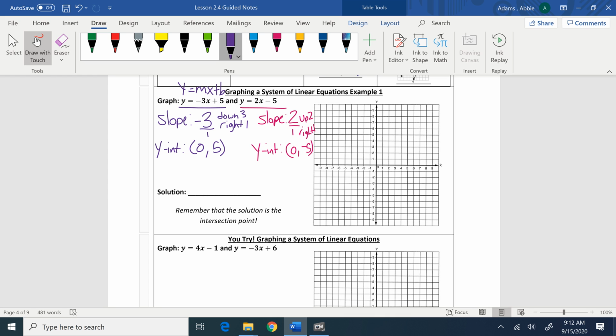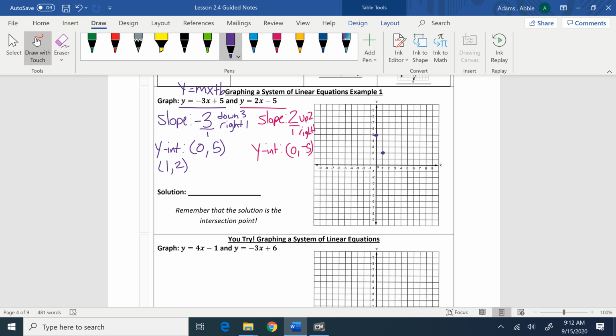So let's plot those. I'm starting off with my first graph here, y equals negative 3x plus 5. I'm going to start off at positive 5. I'm going to go down 3, so down to 4, 3, 2, that's 1, 2, 3 spots, to the right 1. So I'm going to have a second point there at (1, 2).